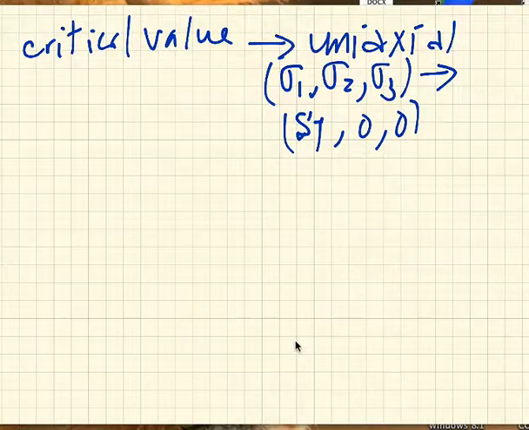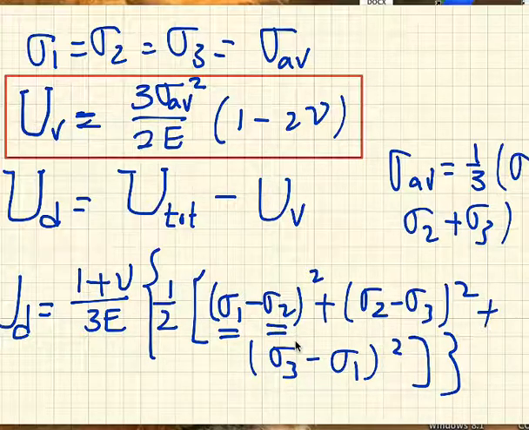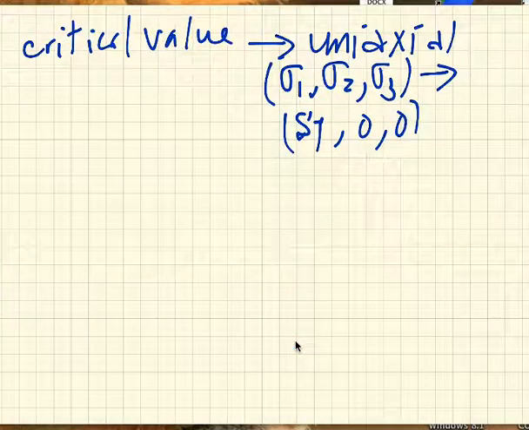So if we go back to this equation and substitute sigma 1 equals S yield, sigma 2 equals 0, and so forth, then we find that critical value.